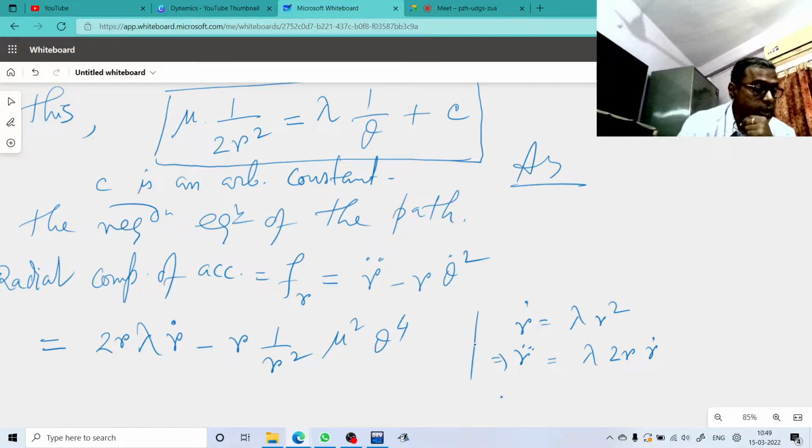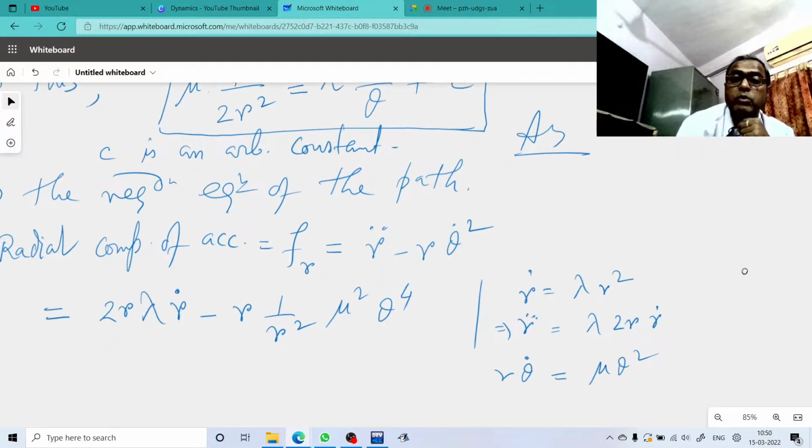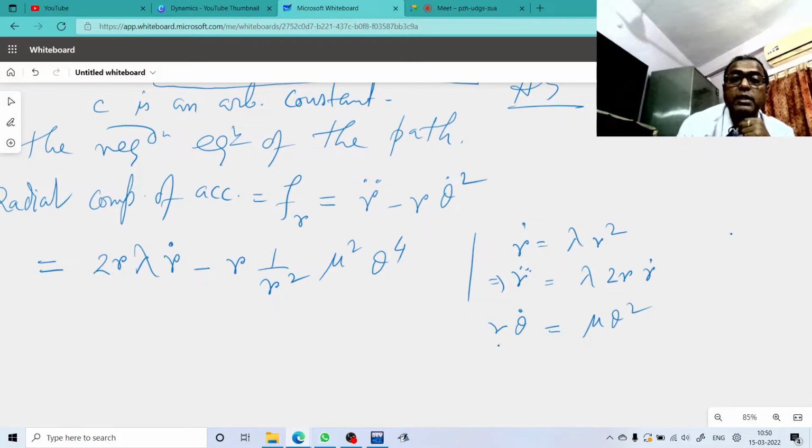And from the second equation, r theta dot is the cross radial component of the velocity, mu theta square, from equation 2. From this relation, theta dot equals mu theta square by r. This theta dot square is mu square theta to the power 4 by r square.